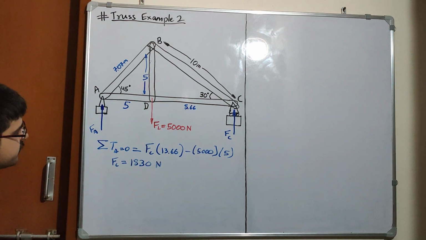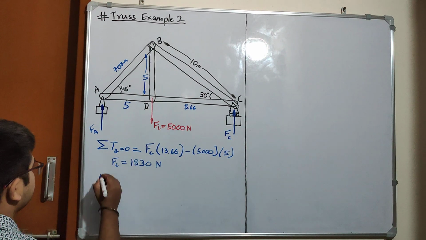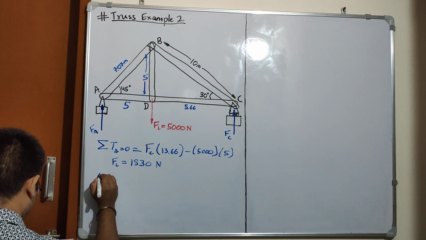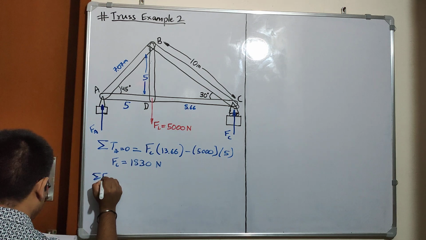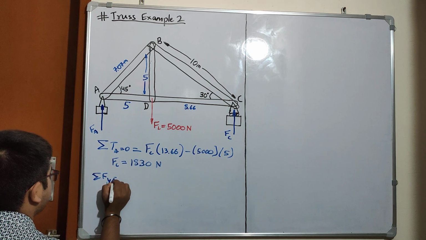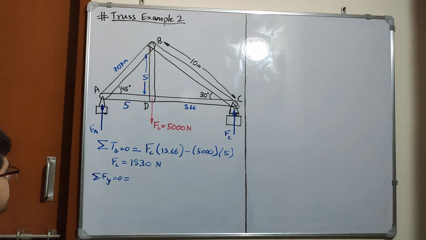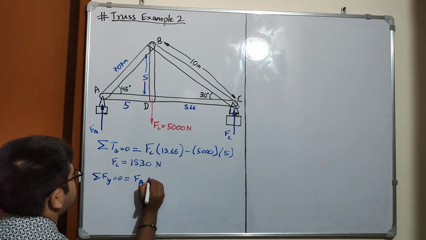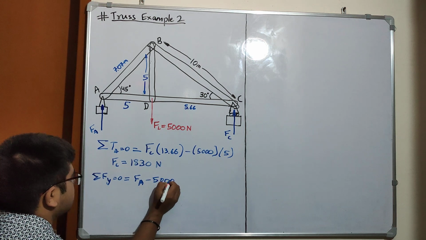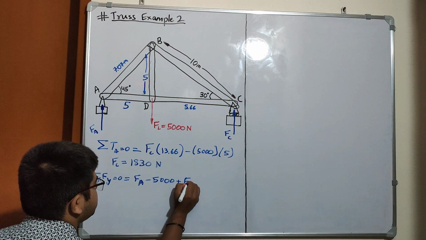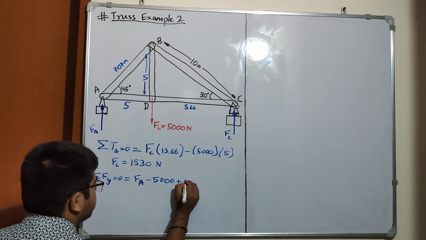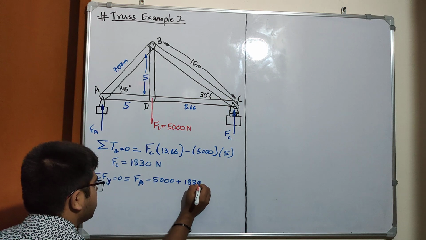So we have summation Fy equals 0, that is equal to FA minus 5000 plus FC. FC is 1830, so I'll write 1830.